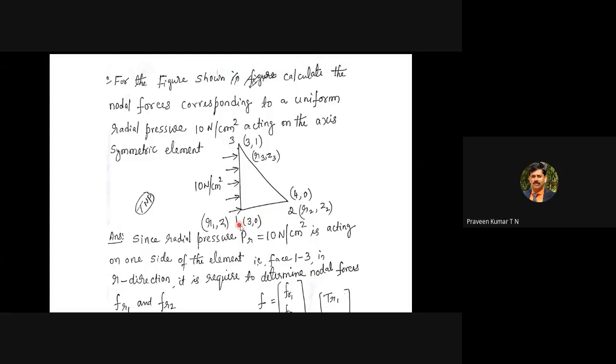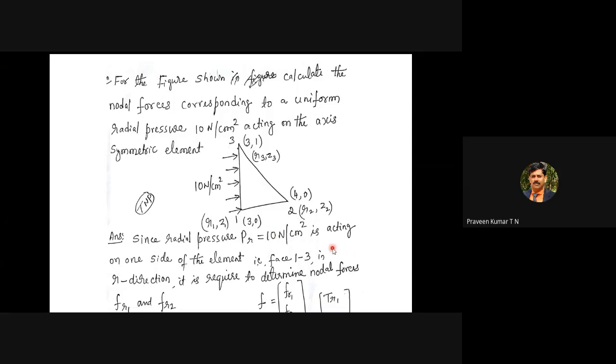When you come to node 1, there is no traction force along the Z direction, because the traction force is acting only along the radial direction. In a similar way, at node 3, the traction force is acting only along the radial direction. There is no force along the vertical direction. PR is 10 Newton per centimeter square.